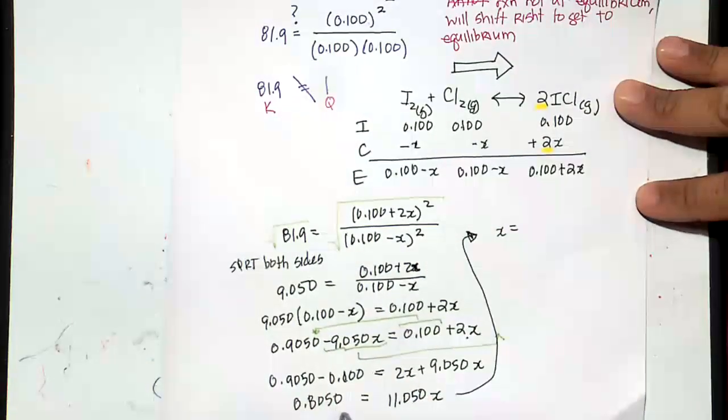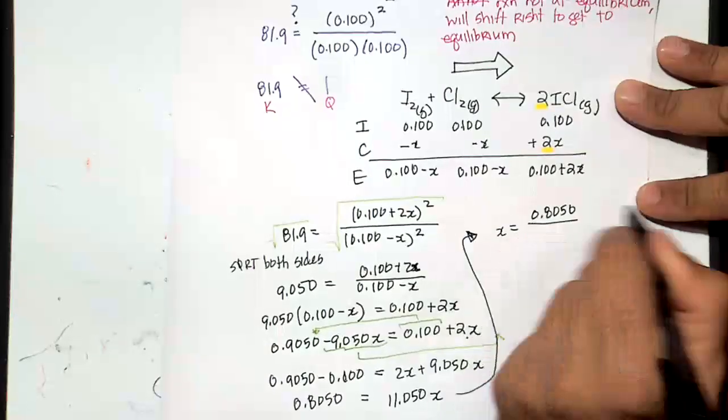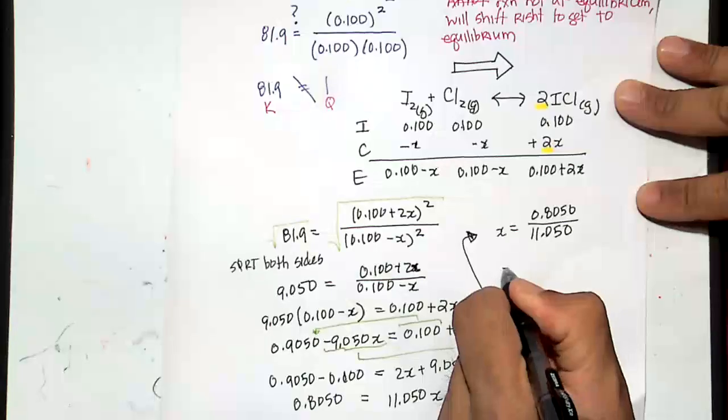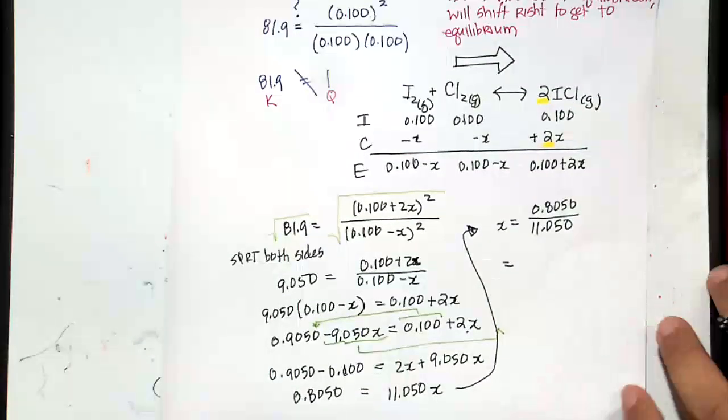So last step here, x is equal to 0.8050 divided by 11.050. Is that right? Yeah, that's right.